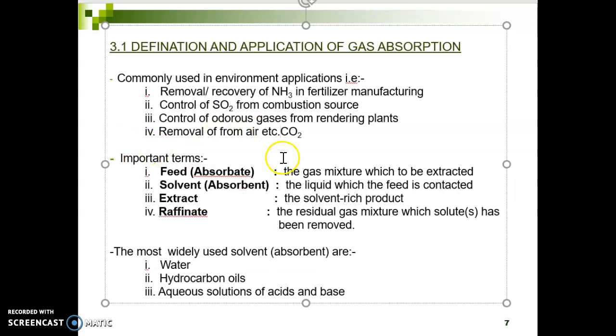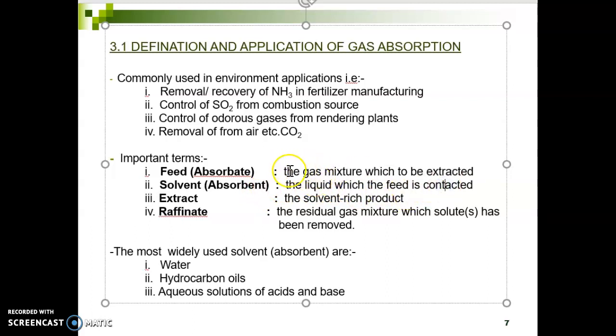Okay, so the important terms in the gas absorption column, there are four things. First is your feed, the absorbate, which is actually a gas mixture. Here your feed contains A and B. And then your solvent, your absorbent, which is your C, the liquid with which the feed is contacted.